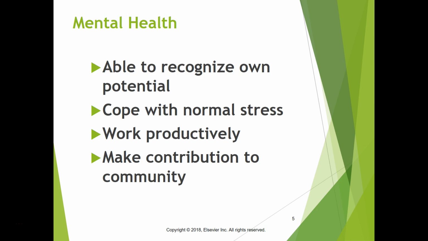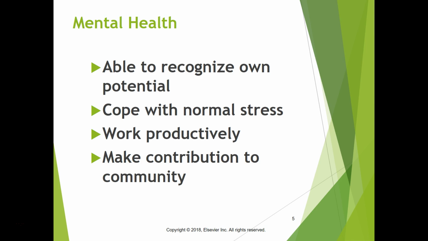So when people cope with stress by taking a walk, reading, exercising, talking to other people, having hobbies, and socializing, those are all great adaptive ways to cope with stress. People that work productively, or go to school productively, are mentally healthy and making a contribution to the community.